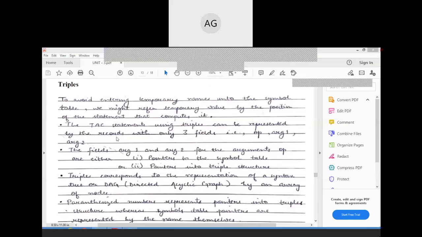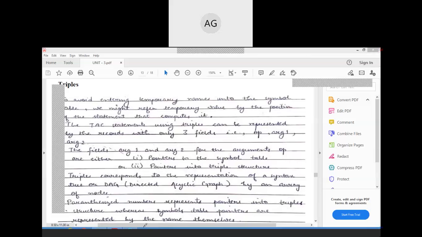To avoid entering temporary names into the symbol table, we might refer to temporary values by the position of the statement that computes it. So just remember, we are going to place the temporary names in the quadruple structure. So instead of storing the temporary names, we can also store the temporary values.